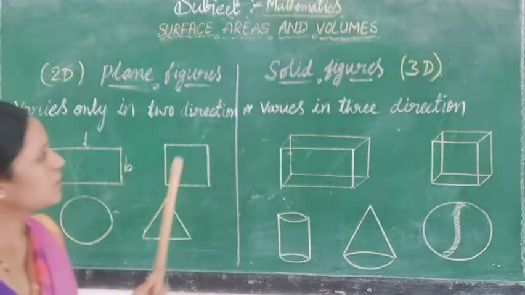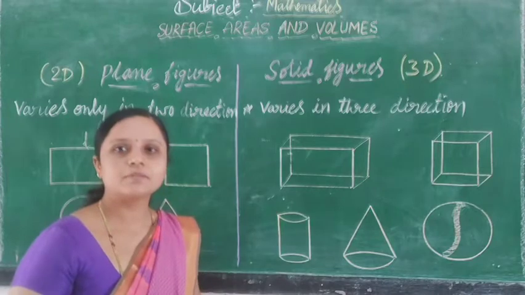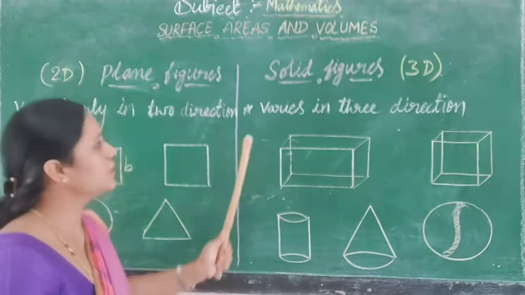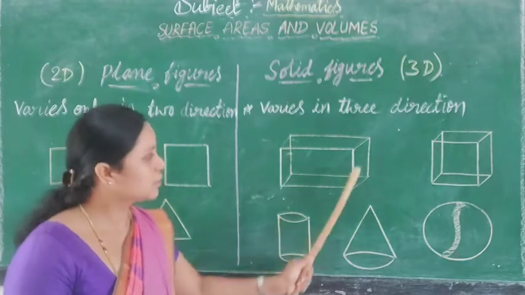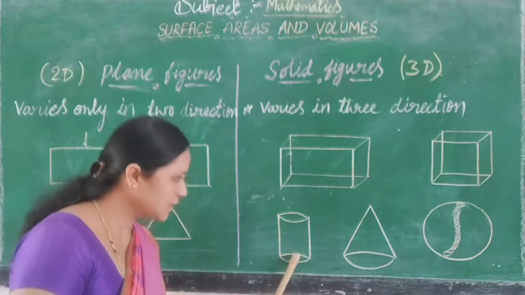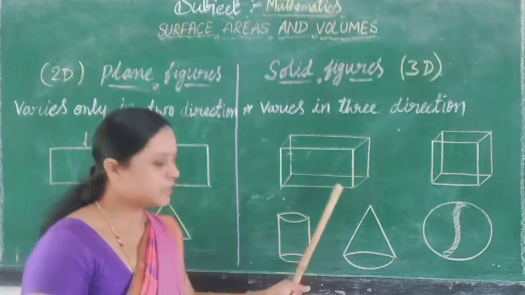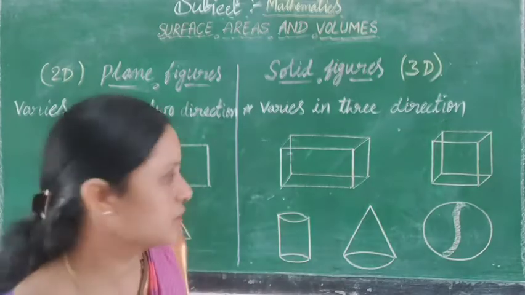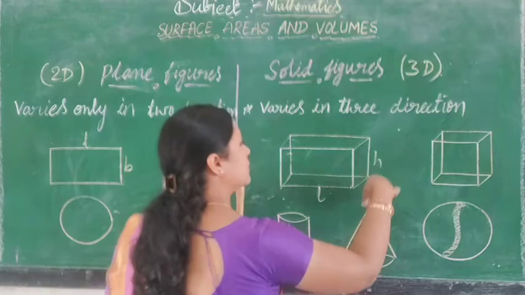Now coming to the solid figures. What is meant by solid figures? Solid figures vary in three directions. Now look at this cuboid and cube, and this cylinder, cone and sphere. In a cuboid we see three-dimensional figures: this is the length, this is the breadth and this is the height.